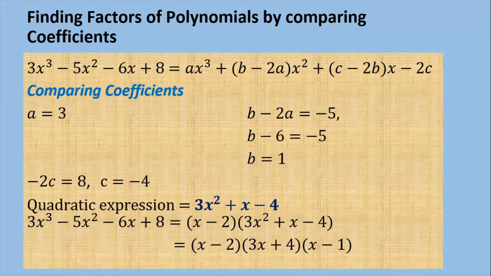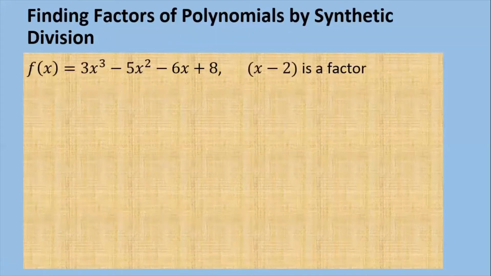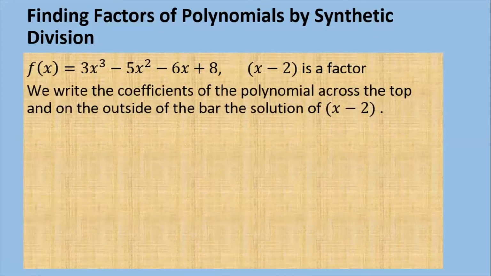Right, now we move to the third method, which is synthetic division. Right, so how are we going to do it? We know that f of x equals 3x cubed minus 5x squared minus 6x plus 8. And we are told that x minus 2 is a factor. Right. Now, for synthetic division, what do you do? You will write the coefficients. You know what the coefficients are.